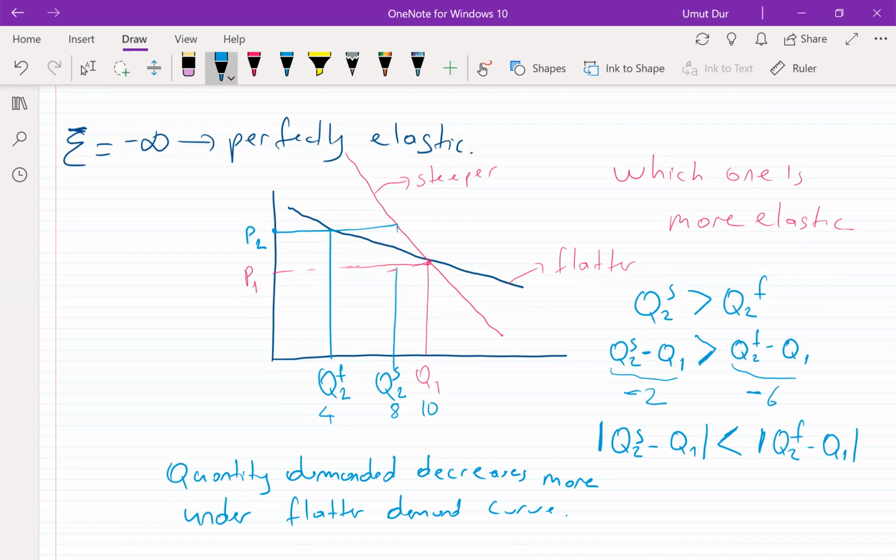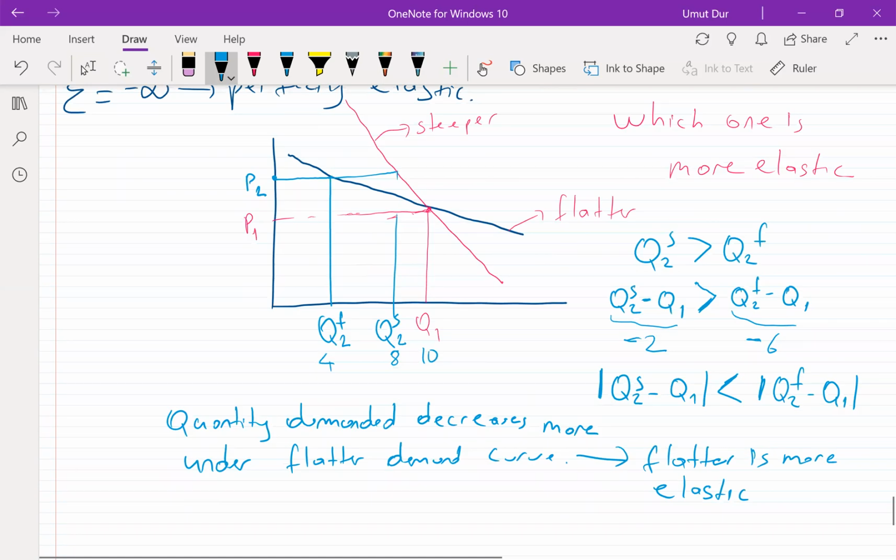Any question? So which means that flatter is more elastic. It's affected more. Okay.